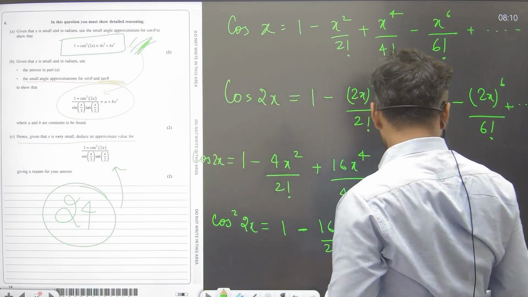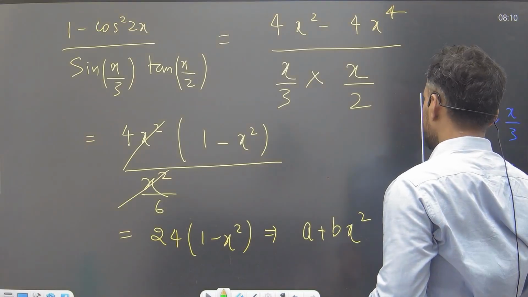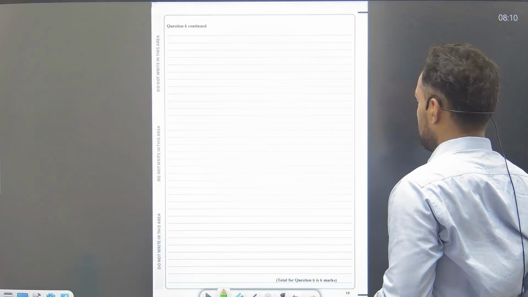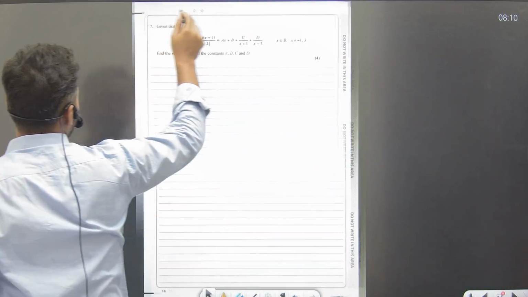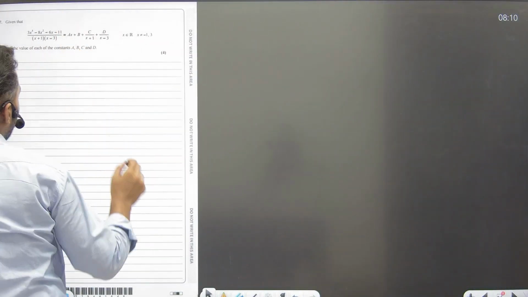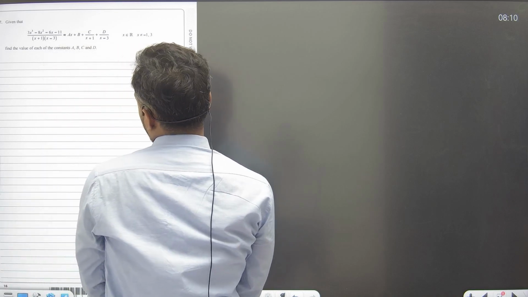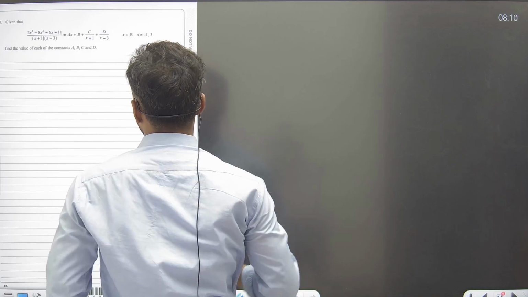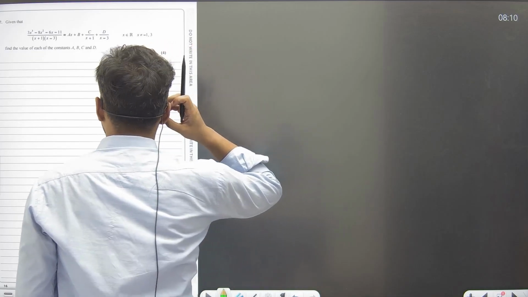Now, seventh question is 3x cube minus 8x square minus 6x minus 11 by x plus 1 upon x minus 3. So what we need to see here, they have given a certain equation format, students.